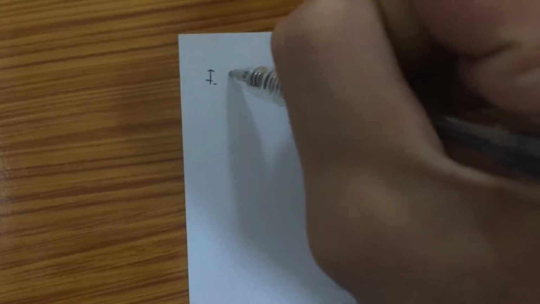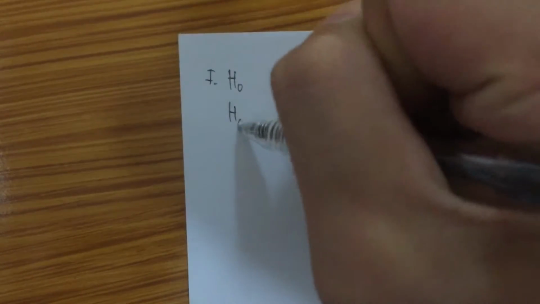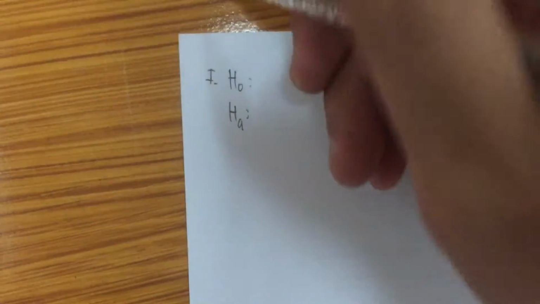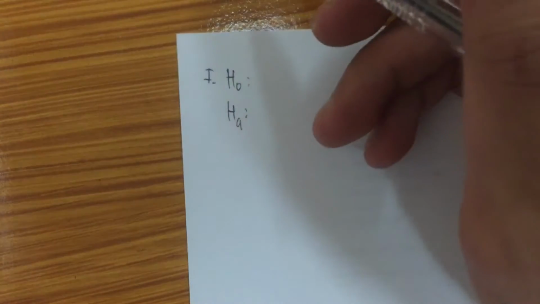Now, in the example in the handout, the problem is for us to determine if the population mean is greater than 10. So if we first construct the null and the alternative hypotheses, so again, the problem specifically states that we wish to determine if the population mean is greater than 10.